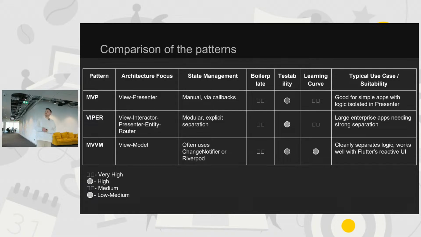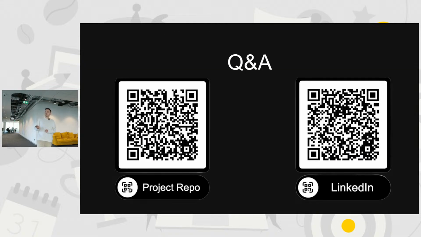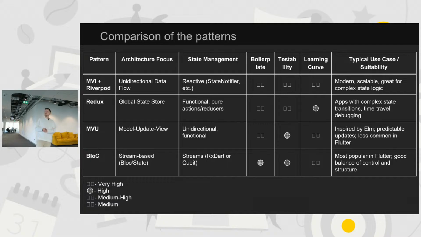And this table illustrates some patterns which I could recommend to use. Especially, I want to emphasize MVU and BLoC. Redux or MVI also can be used, but it could be quite challenging to support in the future.